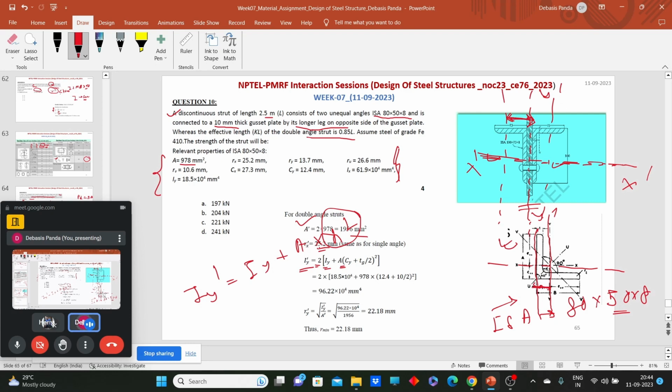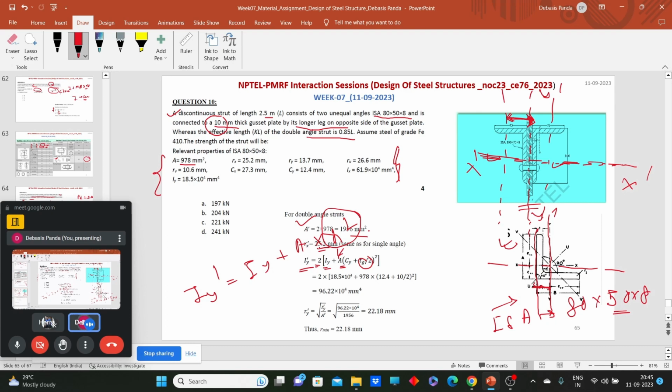Then we just need to go up to the middle of the gusset plate. We have a 10 mm thick gusset plate, so we will go up to Tg by 2. For calculating the cross sectional area, we will not consider the gusset, as the gusset, filler and packing plates do not contribute towards the load calculation.